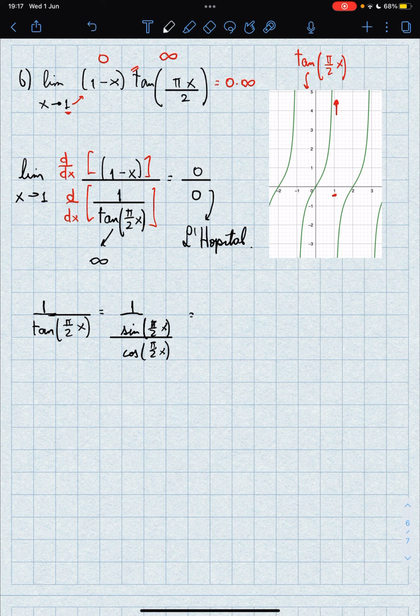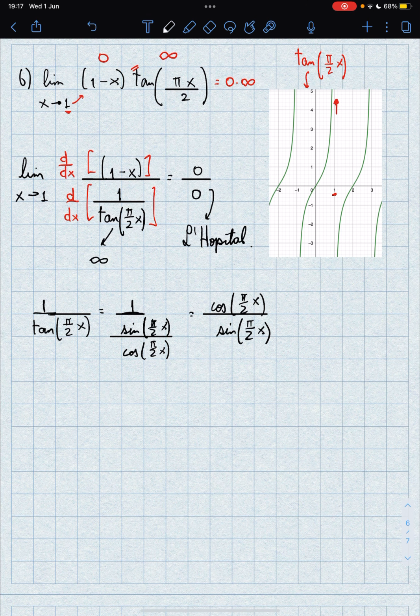This can be easily written as cosine of pi over 2x divided by sine of pi over 2x. I'm just making the expression more comfortable. But this one can be what? Cosine of pi over 2x times sine of pi over 2x to the minus 1.